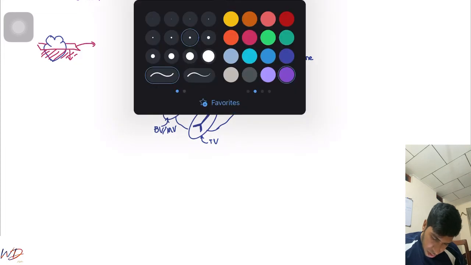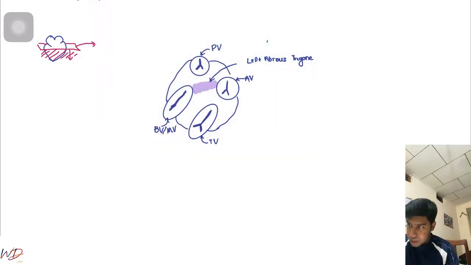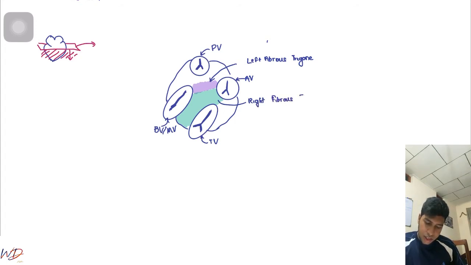Next, we have a fibrous ring which is from the right side of the heart. As you know, the sinoatrial node is present in the right side of the heart, so this is bigger. There's a fibrous ring called the right fibrous trigone.